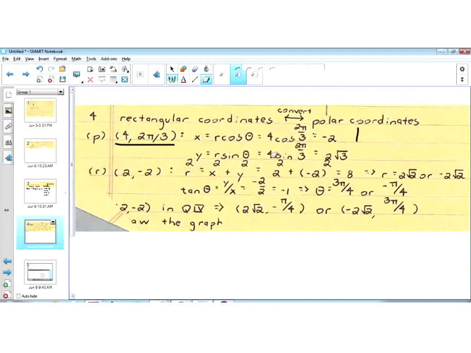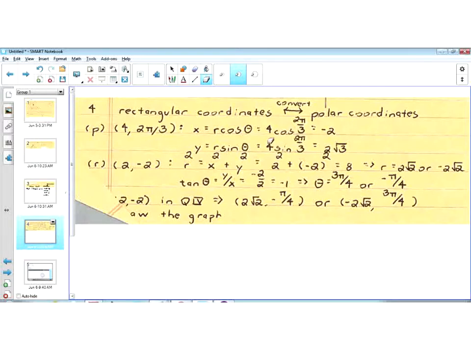Okay, and then y, of course, is equal to r sine theta, and so that would be 4 times the sine of 2 pi over 3, which is equal to 2 times the square root of 3. So therefore, if this were a web assigned question, you would write the coordinates of the point in rectangular coordinates as negative 2, 2 times the square root of 3. Okay, so these 2 points are equivalent.